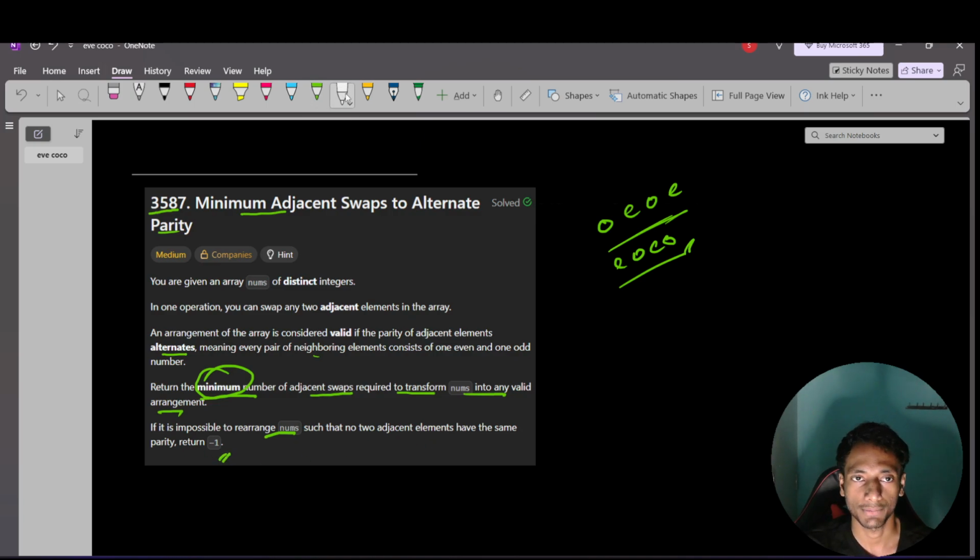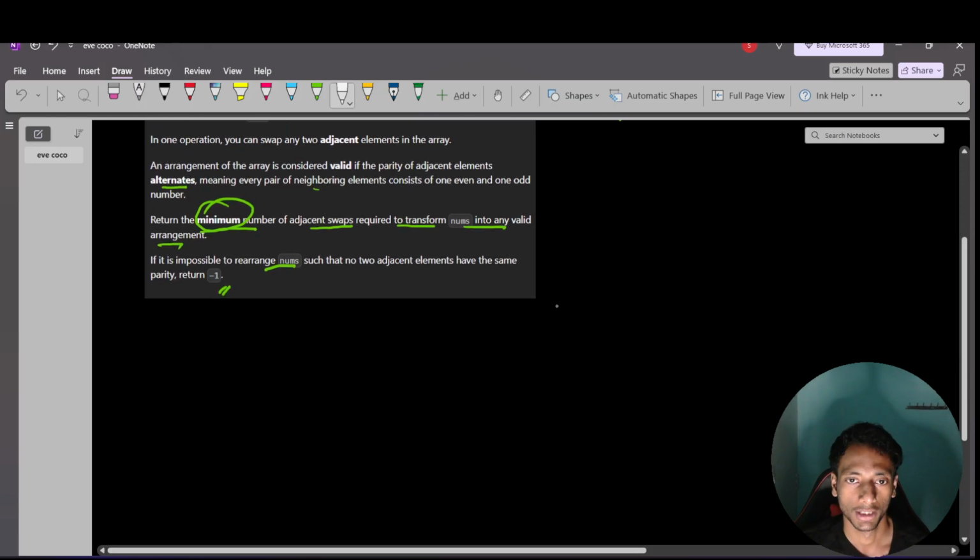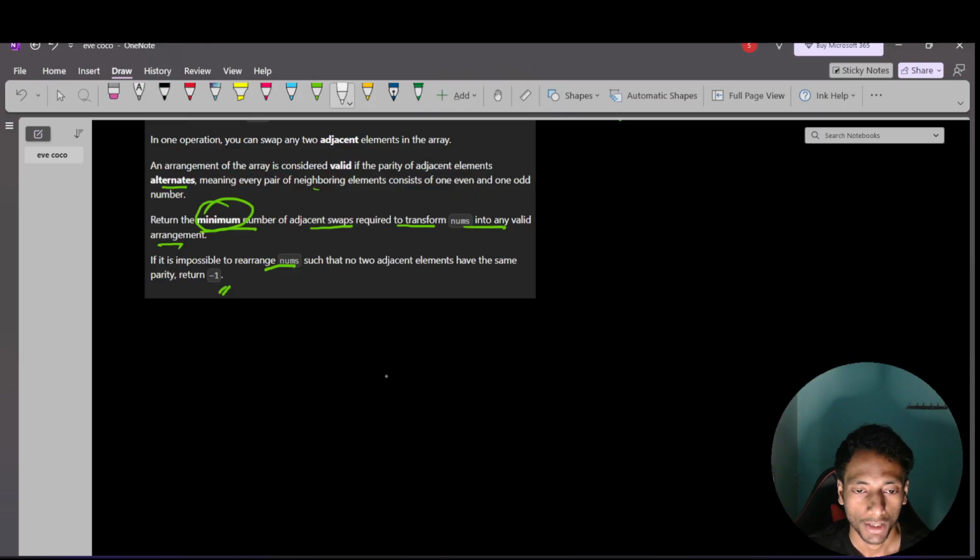First of all, let's see some examples. Then it will be easy to understand when we will return -1, and how we can find the minimum number of swaps. Suppose we have odd, odd, odd, even, even. From this input array, I have to make alternate parity, so odd, even, odd, even, odd.